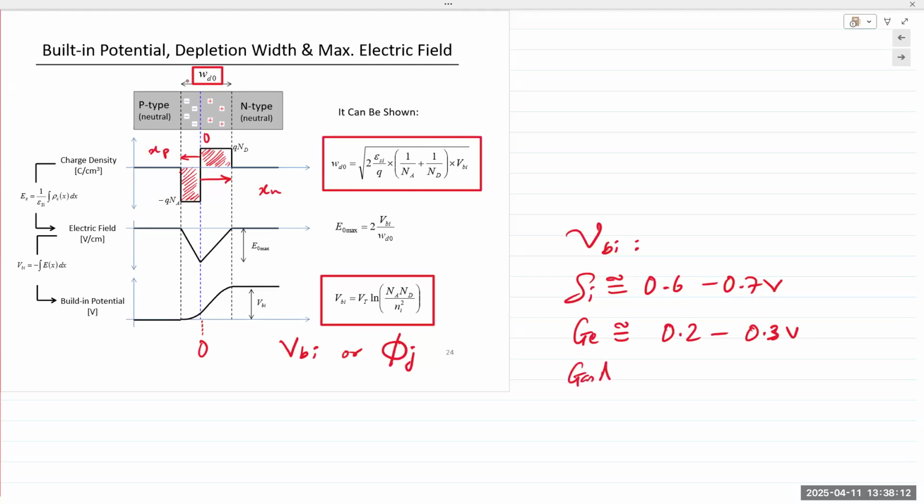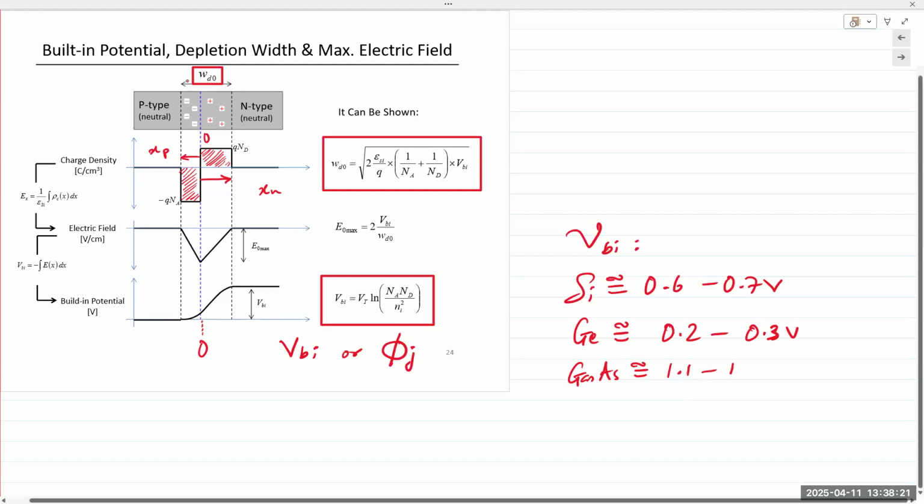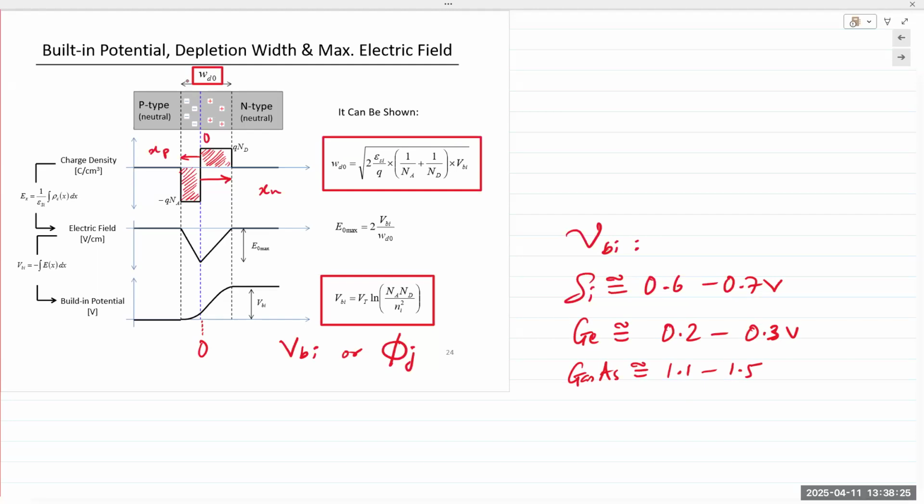Gallium arsenide and gallium phosphide are slightly greater, between 1.1 and 1.5, depending on the doping concentration and profile. So this is the voltage that is required to overcome the junction barrier and allow current to flow through the device.